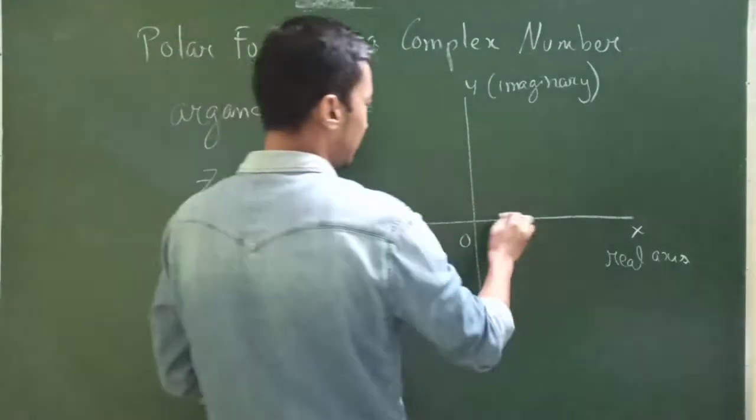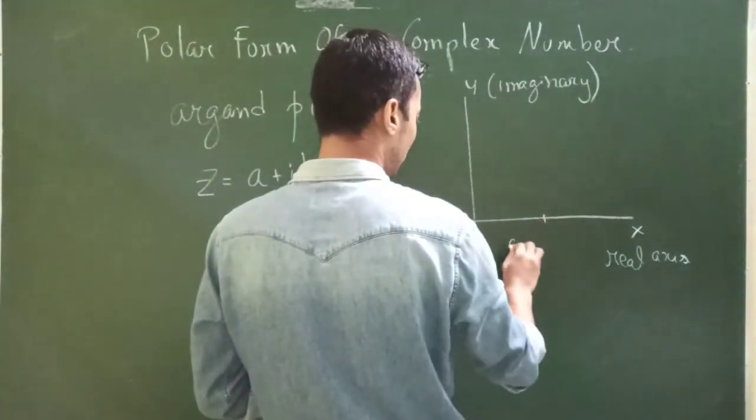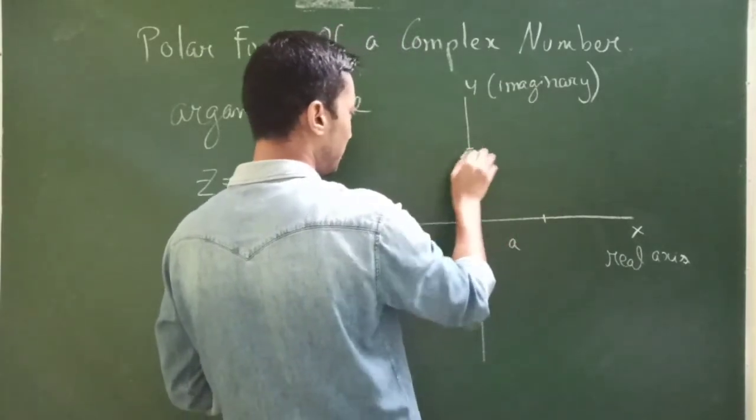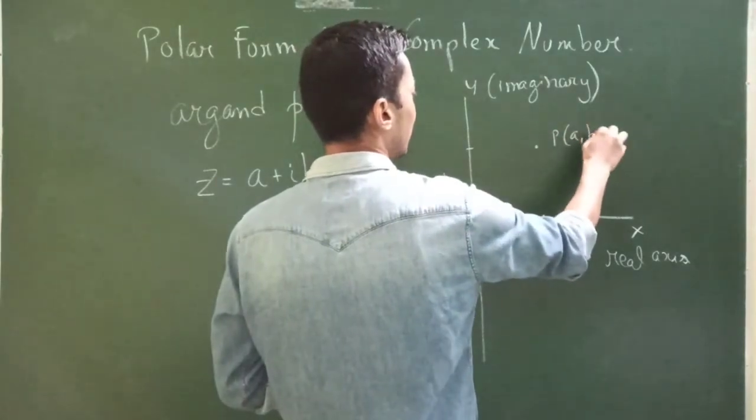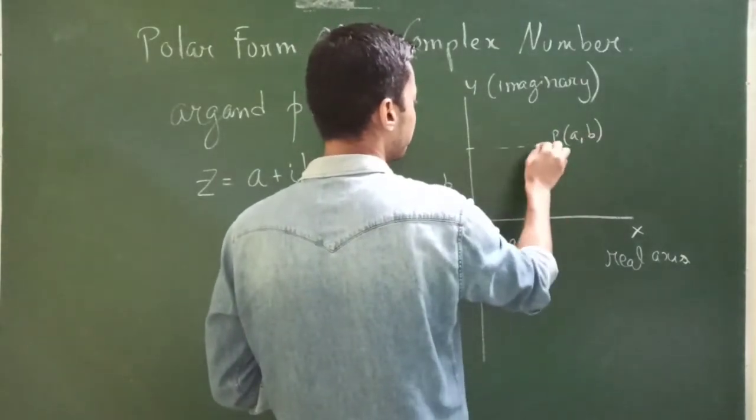So it's quite simple to plot the complex number: a units, b units. So this will be my point P (a, b). Simple as that.